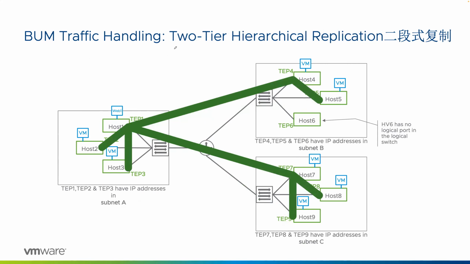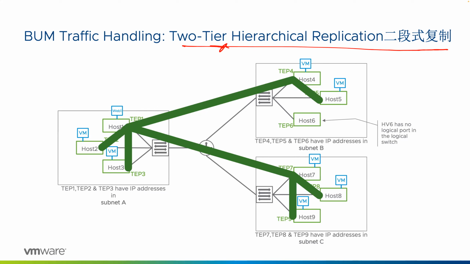The alternative, second method of this transmission is what we call hierarchical replication, 2 tiers.